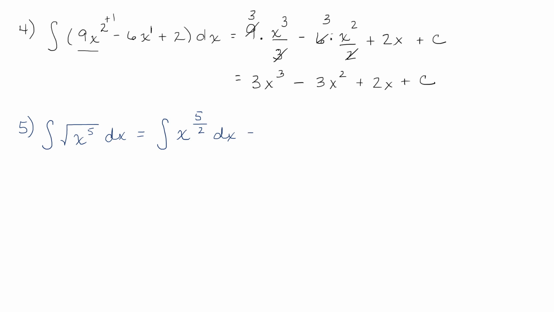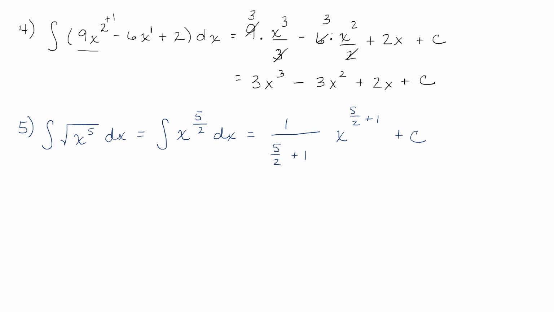And so when I do that, that will become 1 over 5 over 2 plus 1 x to the 5 over 2 plus 1 plus c.